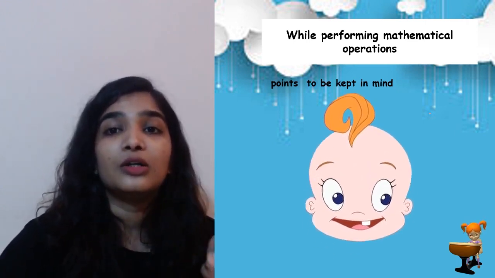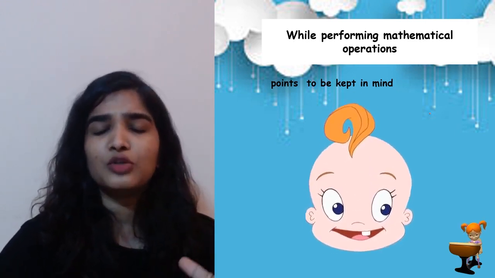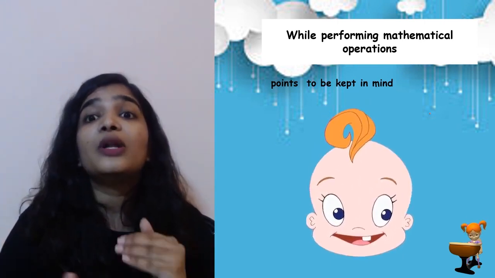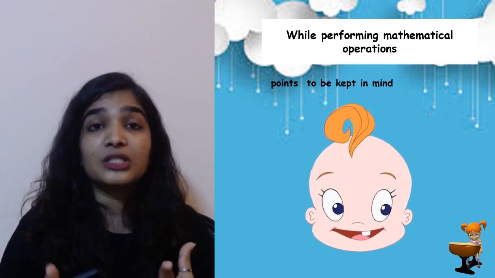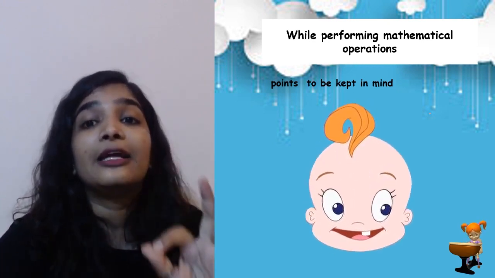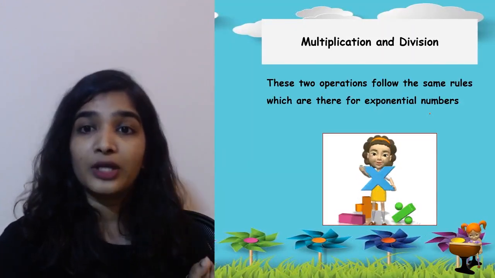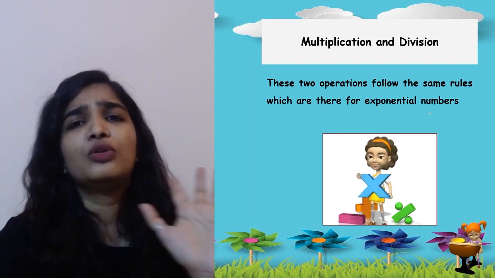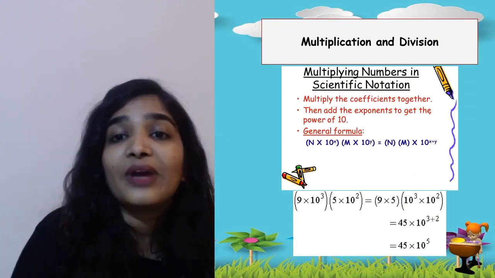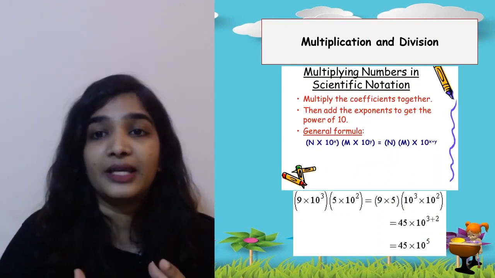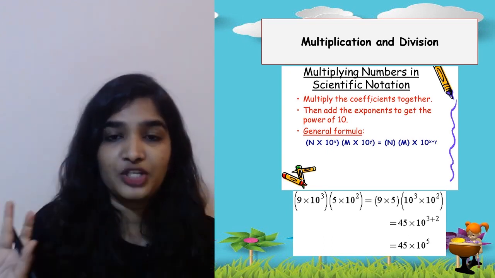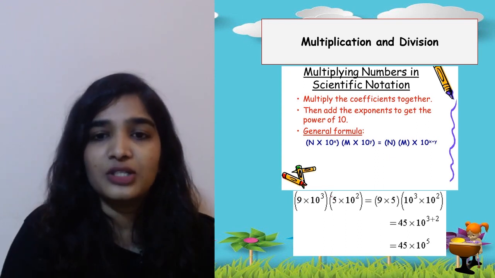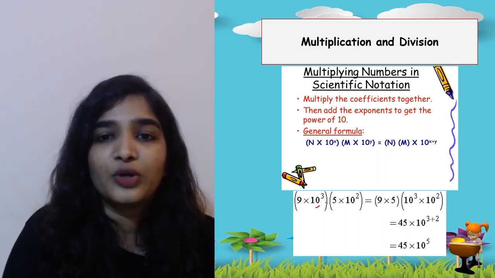So when you have represented the numbers in scientific notation, very good. But when you are doing mathematical operations like addition, subtraction, multiplication, division, there are a few points to be kept in your head. One thing is, these two operations, multiplication and division, follow the same rules. Whenever you are multiplying, you multiply the coefficients together. These are the coefficients, right? 9 and 5 are the coefficients, and this will be our exponent base.